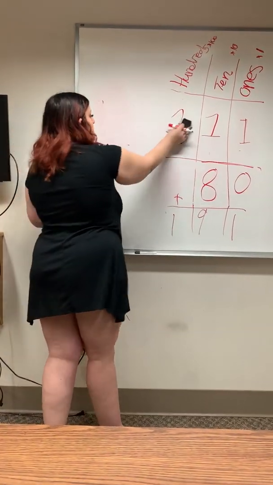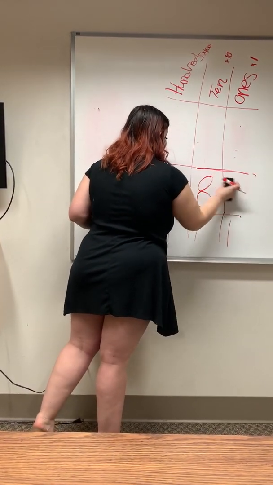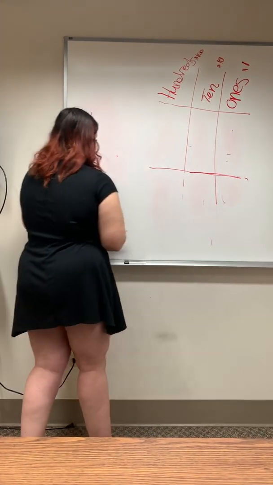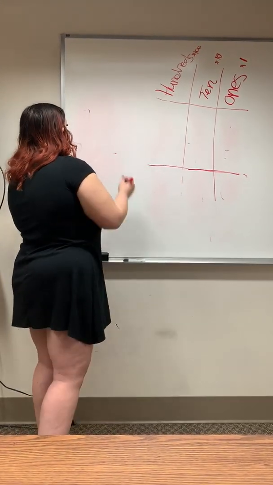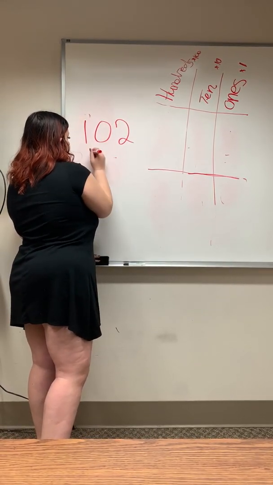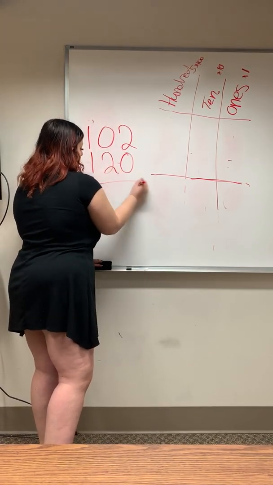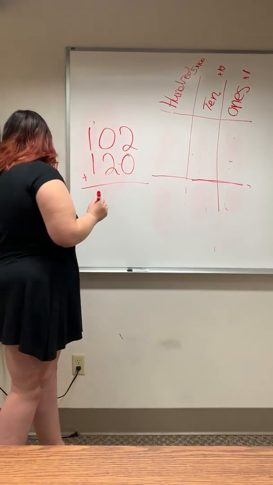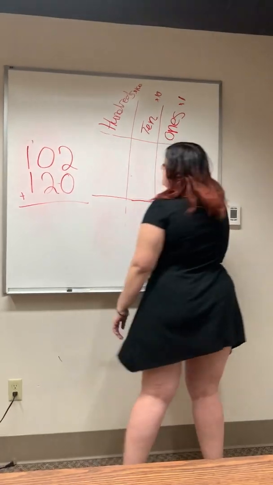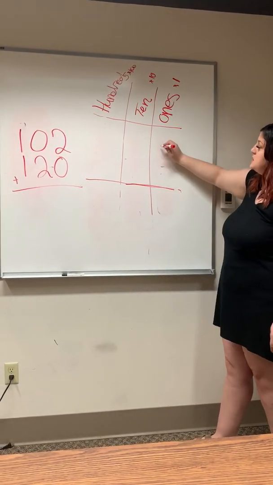This one's going to be a little tricky, so make sure you guys follow along. Alright, so we're going to do 102 plus 120. So let's start with this first 102. We know that the 2, if we times it by 1, would be a 2.